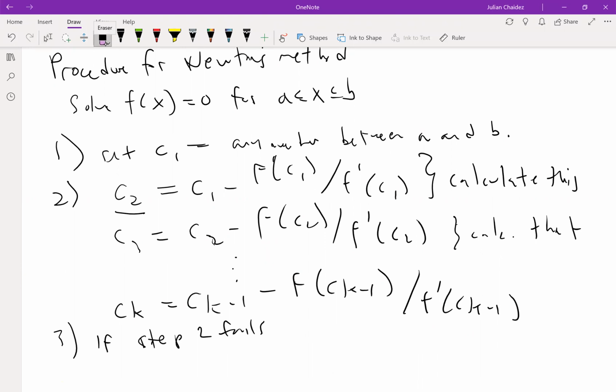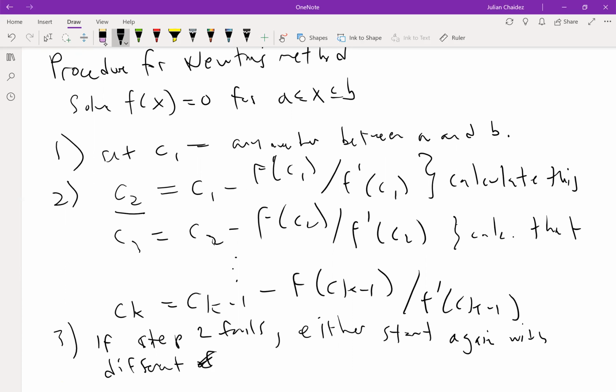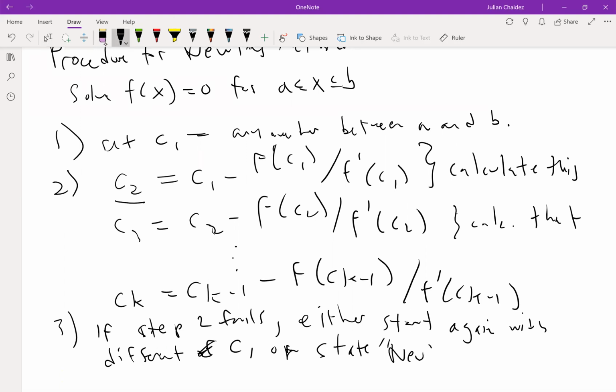If step 2 fails, then you can either start again with a different C1, or state that Newton iteration, or Newton's method, fails. It's possible for Newton's method to just not work.